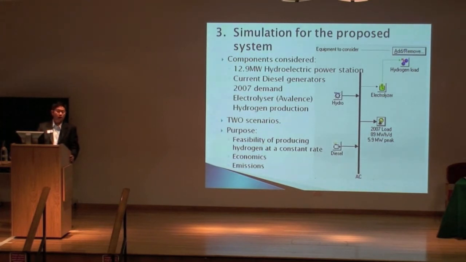The components that I considered were the 12.9 megawatt hydroelectric, the current diesel generators, the 2007 demand, electrolyzer, and hydrogen production. The simulation was made 2 times based on 2 scenarios.